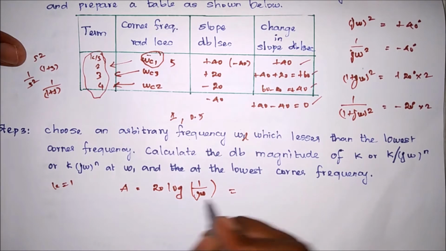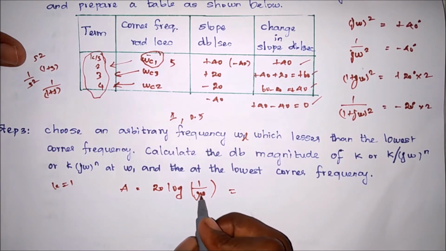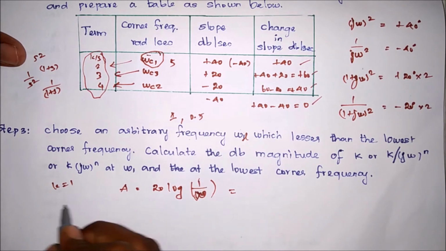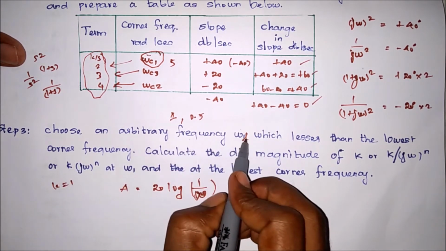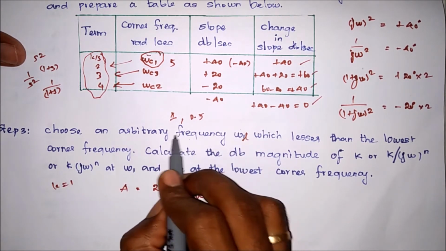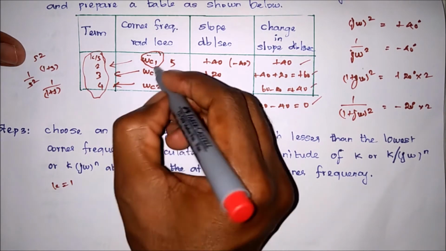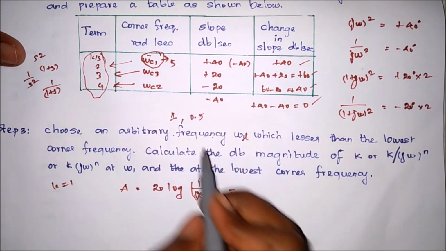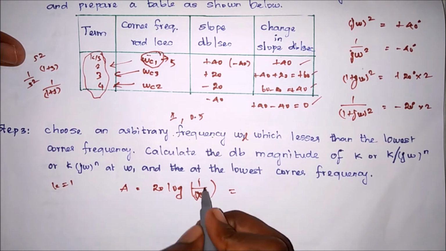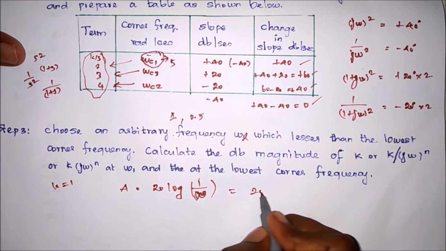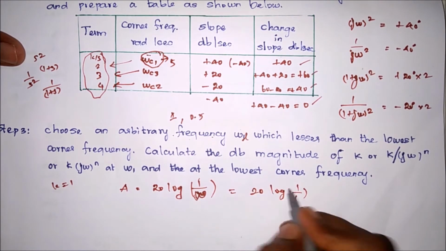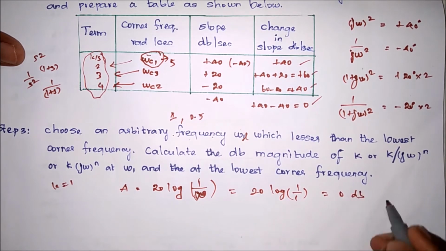So for this, if we consider magnitude alone, j will not come, therefore 1 by omega. So we have to select an arbitrary frequency which is lower than the first corner frequency. Suppose if it is 1, then here we have to substitute 20 log 1 divided by 1, 0 decibel.